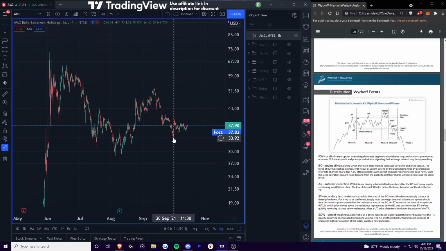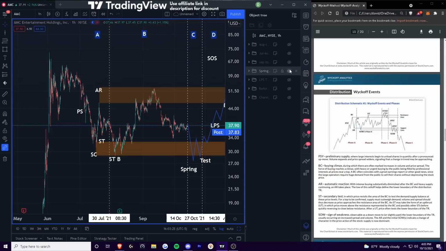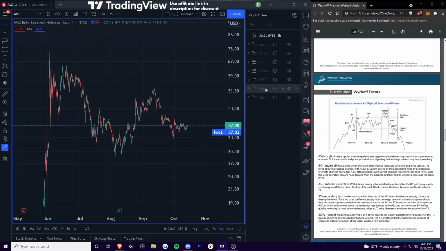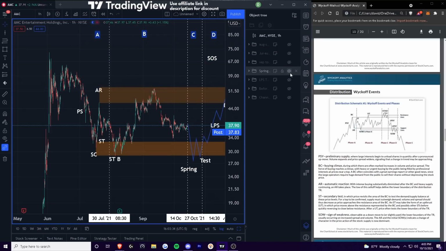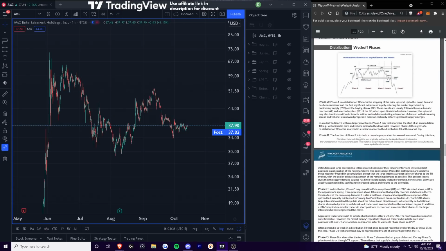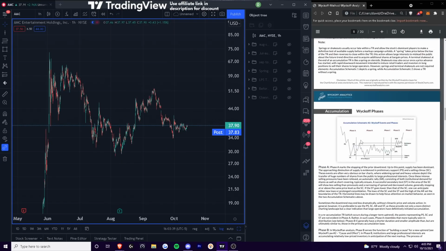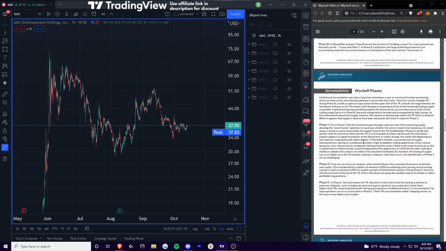I don't know what's going to happen tomorrow. Tomorrow, going into the next week or so, is going to give me a lot more clarity as to what can possibly be happening within this stock and where we actually are. And look, when you look at the rules for the accumulation schematic, I read this earlier.